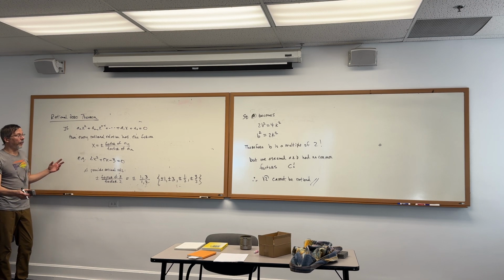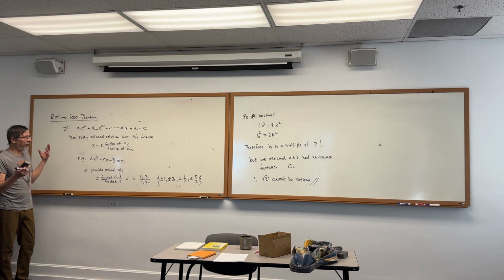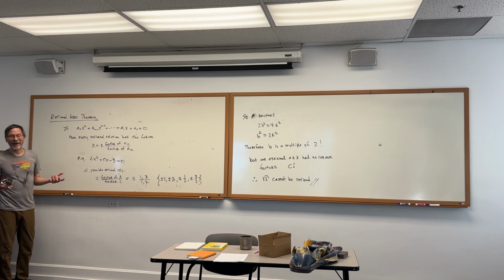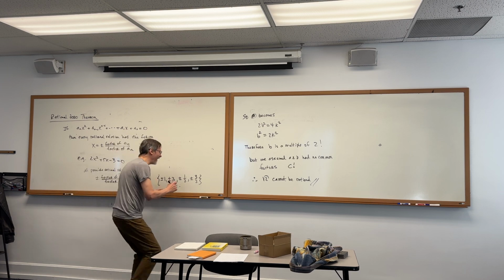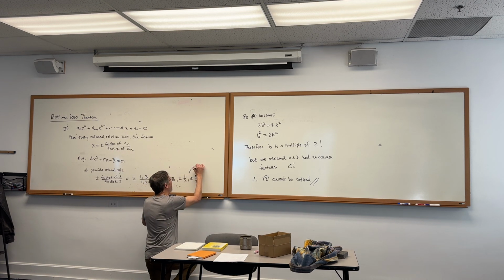Now, I'm not going to go through the process of showing you how to do synthetic division. If you're interested and you don't know how to check, I highly recommend you learn something about synthetic division.